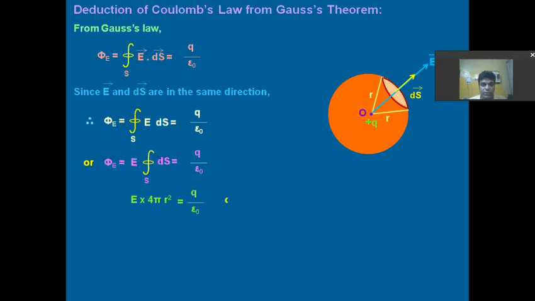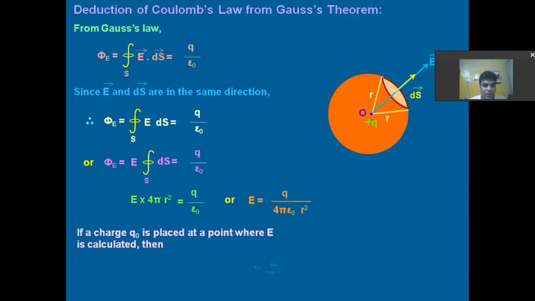Now we take the definition of Gauss law: the closed surface integral of E vector dot ds vector is equal to q by epsilon naught over a closed surface S. So E vector dot ds vector represents the electric lines of force over the closed surface S. Basically this represents phi E. Phi E means flux, electrostatic flux, or we can say electrical flux.